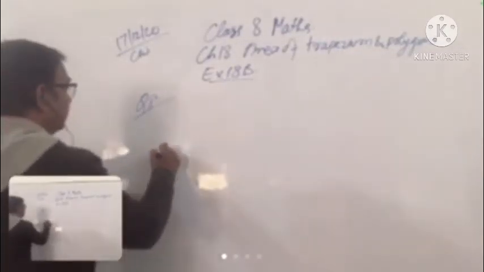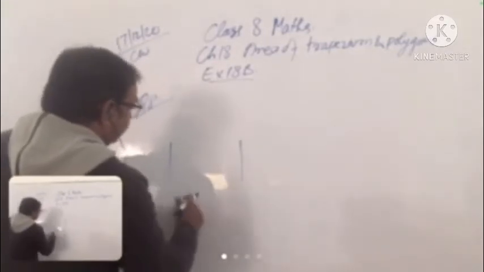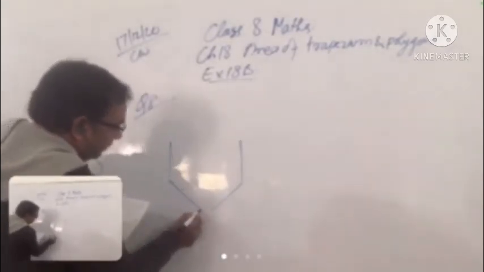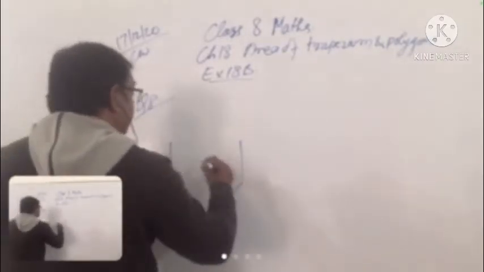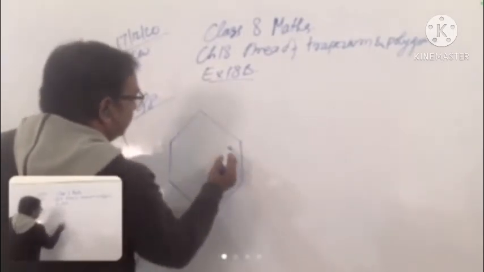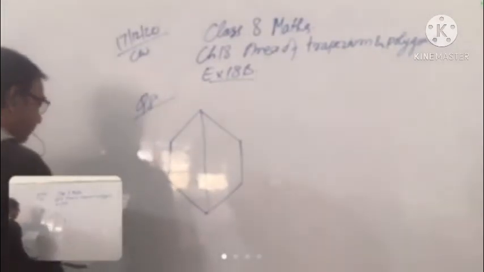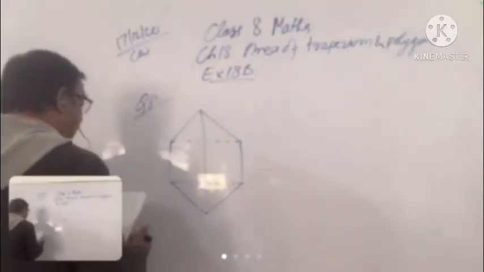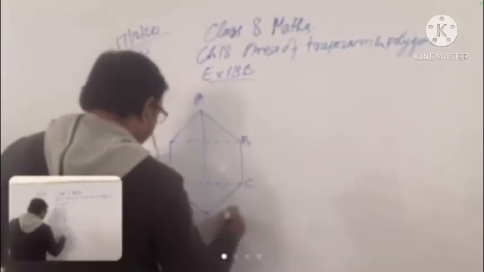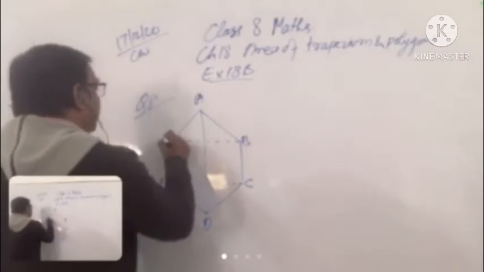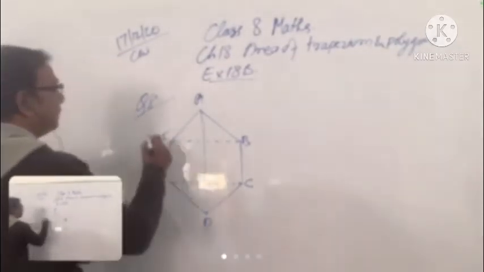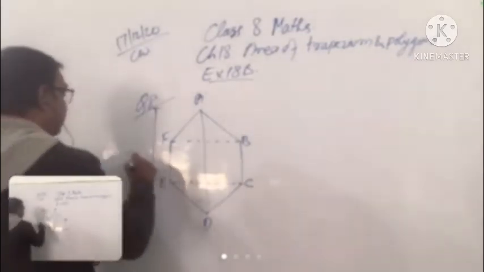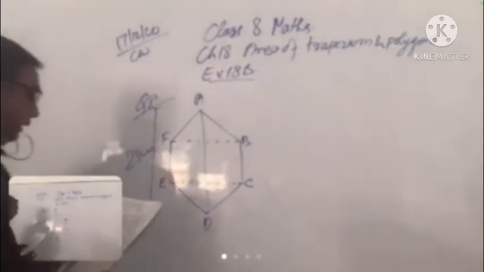The figure is like this. And this is A, B, C, D, E, F. And AD is 23 centimeter.